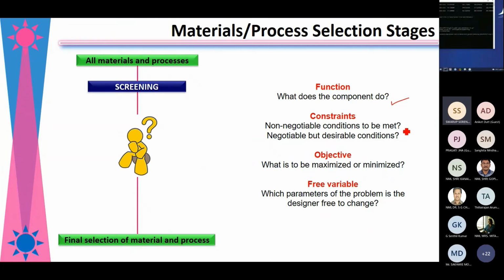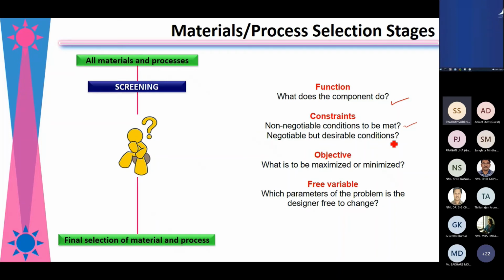For example, we have a large amount of materials, but we say that, okay, we want a material for which the Young's modulus should be more than 100 GPa. So that becomes a non-negotiable condition, and that is a constraint. So any material which is having modulus less than that will be screened out.